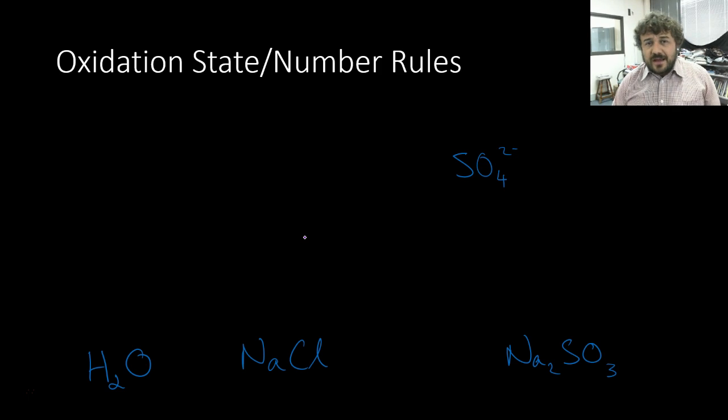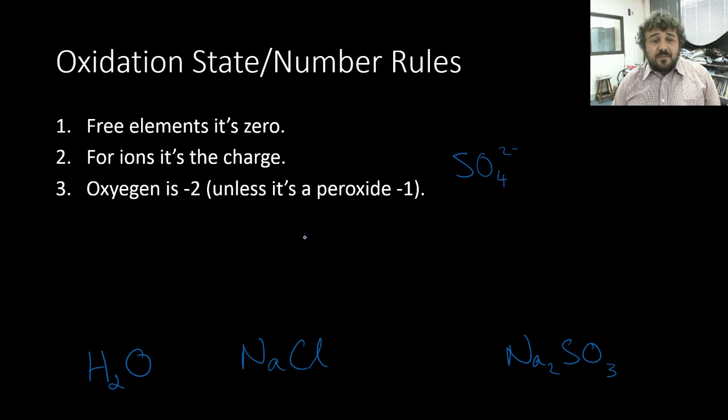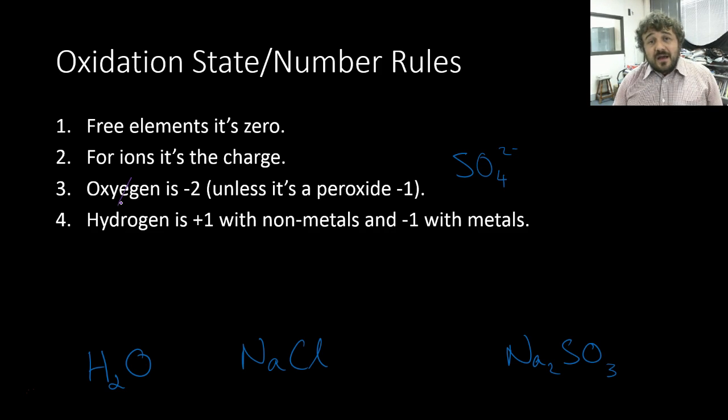So let's have a quick look at how we work out the oxidation states. If it's a free element, it's 0. For an ion, it's the charge. Oxygen is -2, unless it's a peroxide, then it's -1. Hydrogen is +1 with non-metals, -1 with metals.